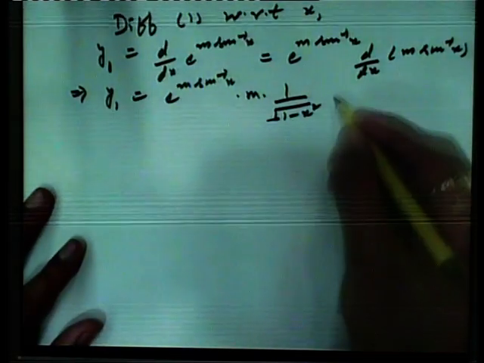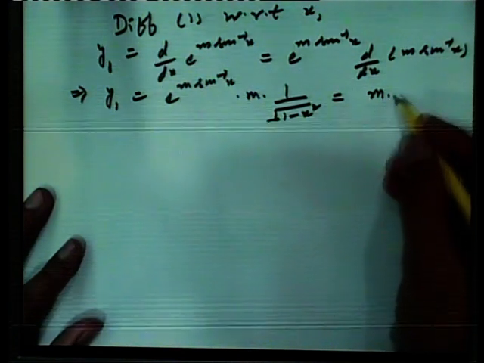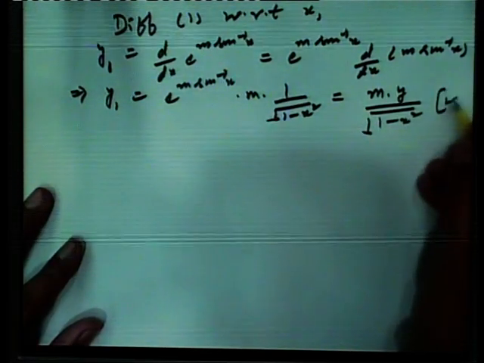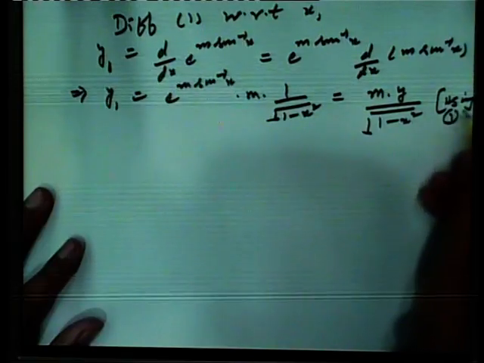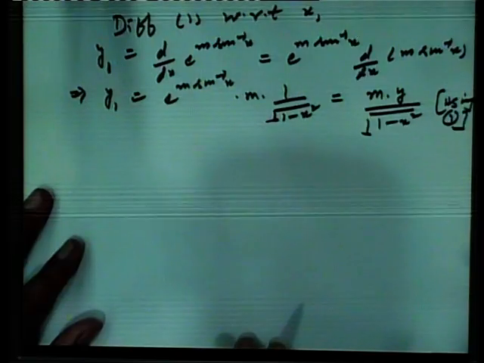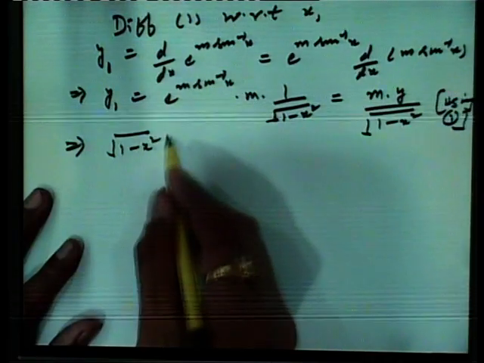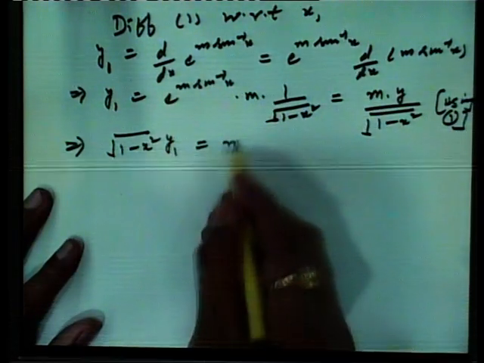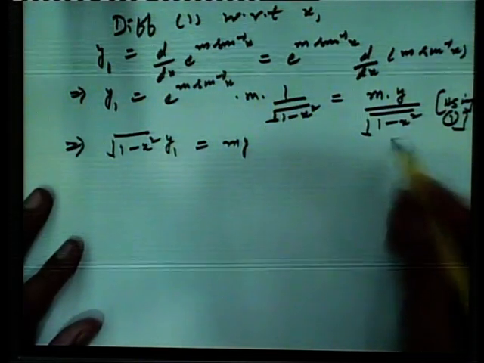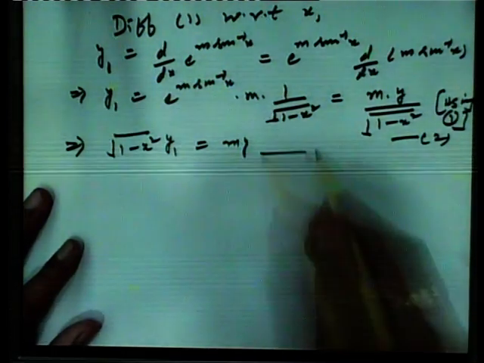So, we know that e power m sin inverse x is equal to y, using equation number 1. Now, cross multiply: square root of (1 minus x square) y1 is equal to m y. So, this is number 2, and make this number 3.